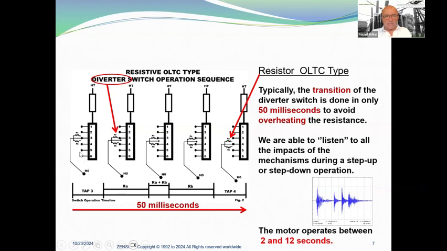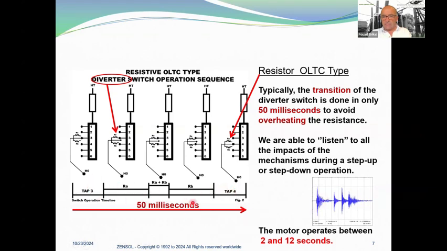For example, here you have a resistive OLTC type diverter switch operations sequence. Here we are in tap 3, and we go to tap 4 through all these transition contacts and all the details from this.